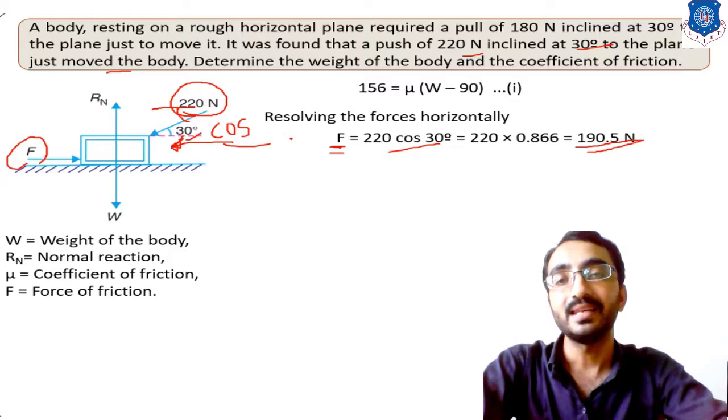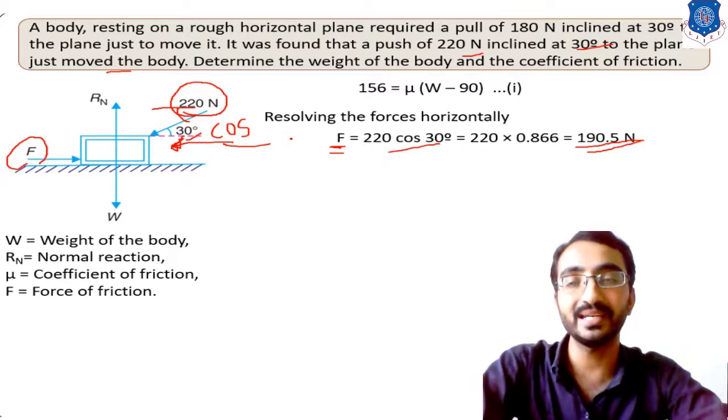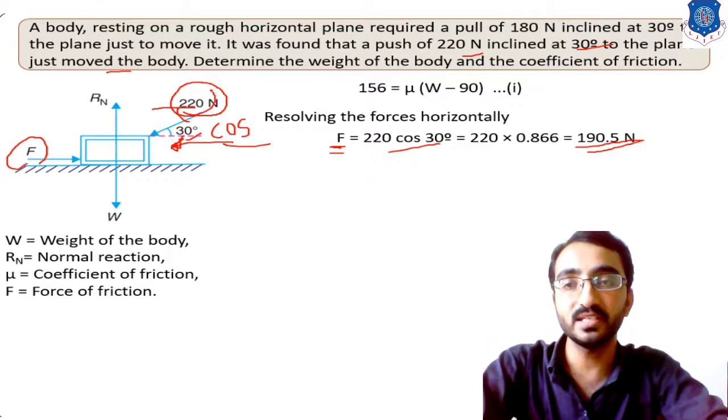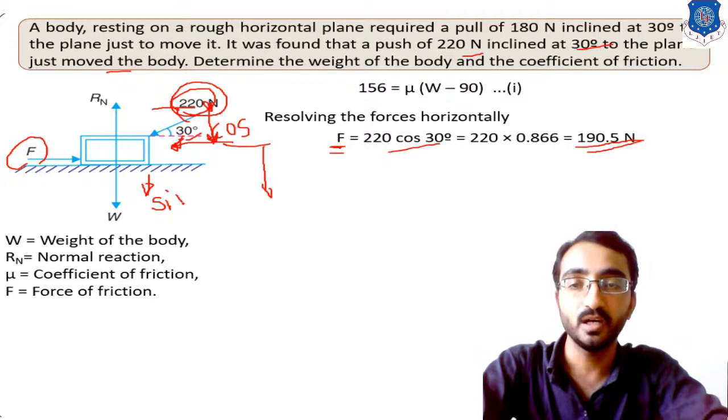Okay, now let's resolve this component in the vertical direction. So now over here the vertical component of this 220 Newton force will be in the downward direction. Okay, over here you can refer to this case. So we can say in the downward direction we will get the sine component of this external force, that is 220 Newton.